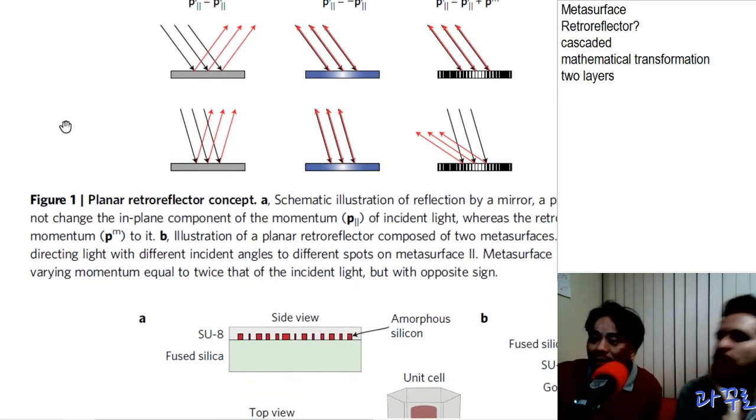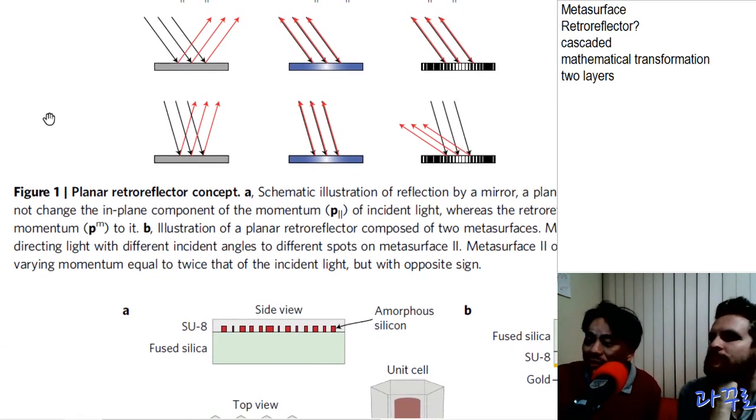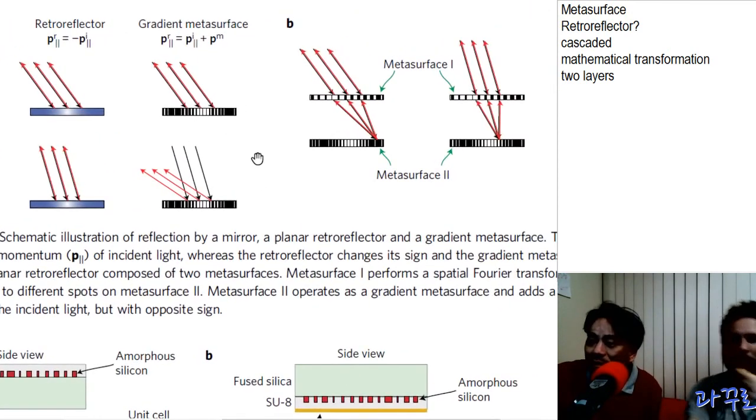Figure 1, planar retroreflector concept. So it's about the concept. A, schematic illustration of reflection by a mirror, a planar retroreflector, and a gradient metasurface.